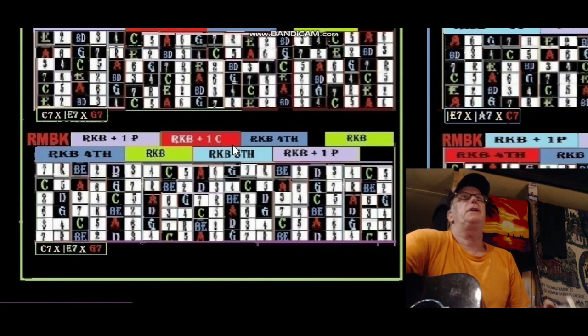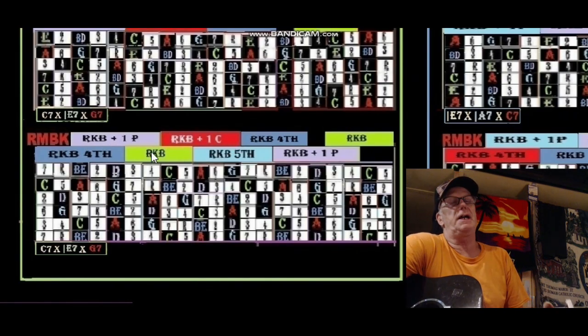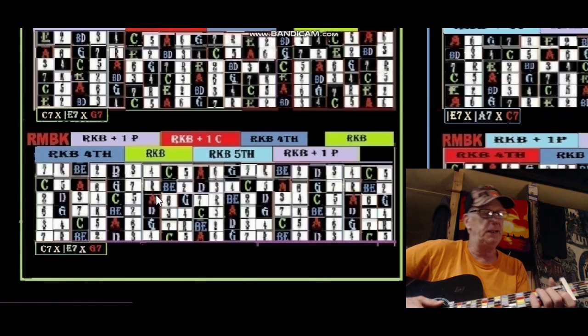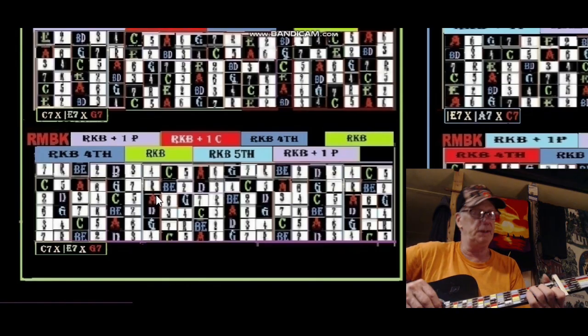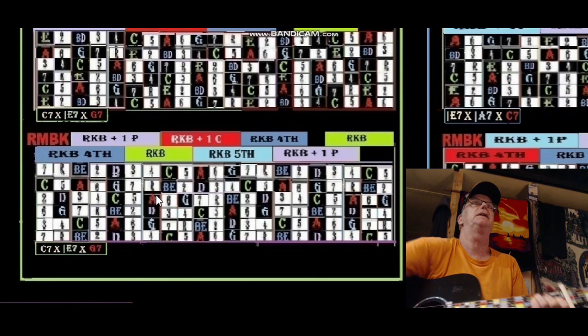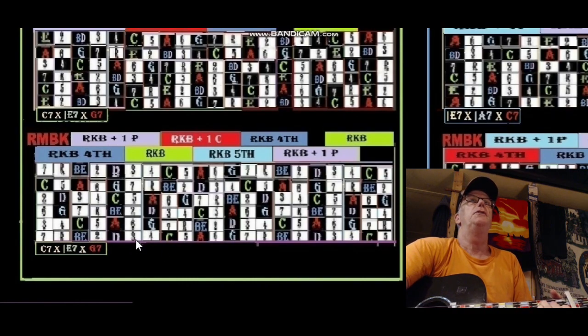So remember, the shape fitting for the shadow of the RKB in the root Mixolydian blues key is different. It's not quite the same as the shape fitting for the blues pent key, which is right here. So the note is right here.